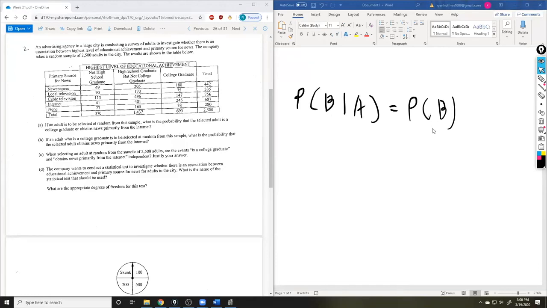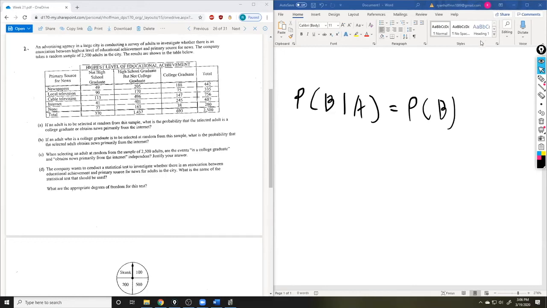So this formula is a way of, through getting the probabilities and proportions, showing whether things are independent through calculations.